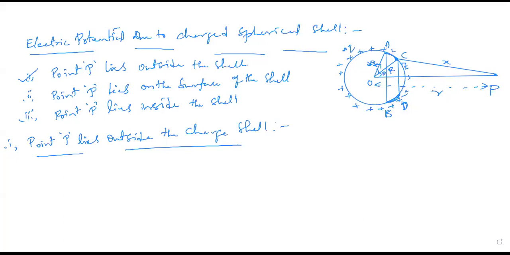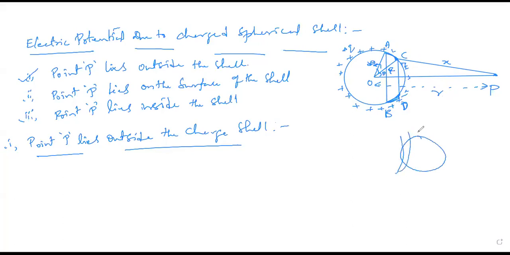For this, we have to divide the total spherical shell into equal annular rings, a small number of rings. How? Suppose this is my spherical shell.